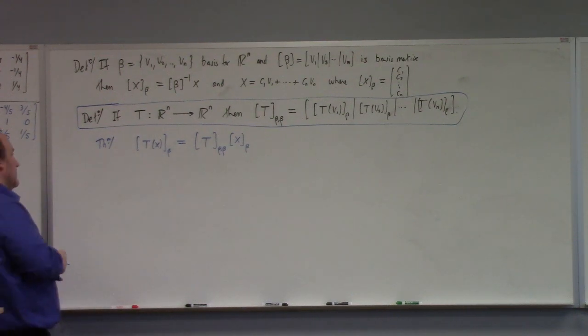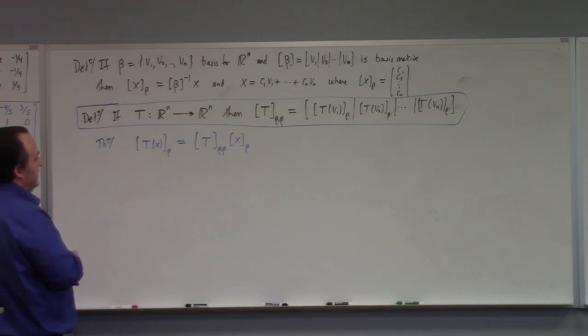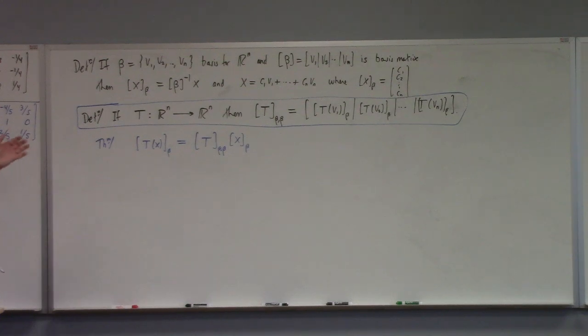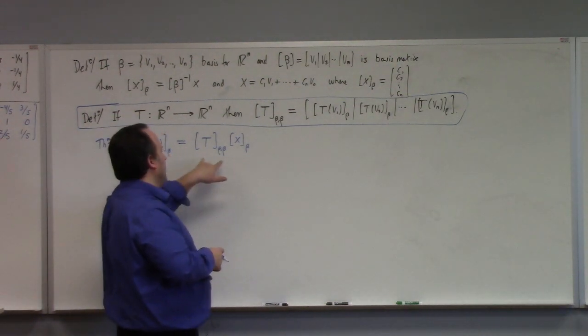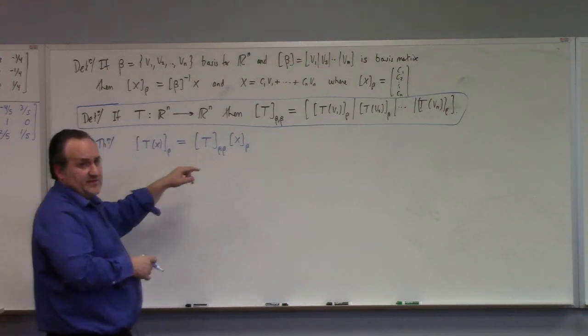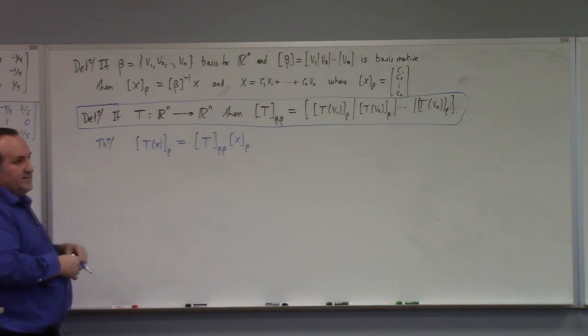This is a theorem which I could work out, but I'll resist the temptation today. Can we find a formula for the non-standard matrix besides its definition? If this is true, it's also an alternate definition for the non-standard matrix. You could take this as the definition if you'd like.